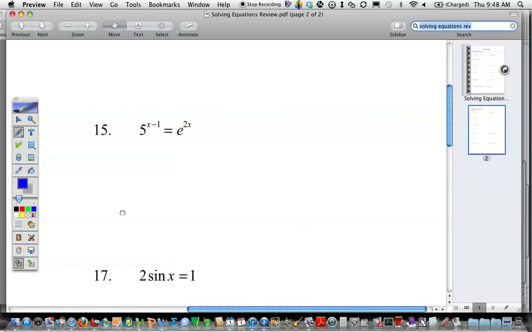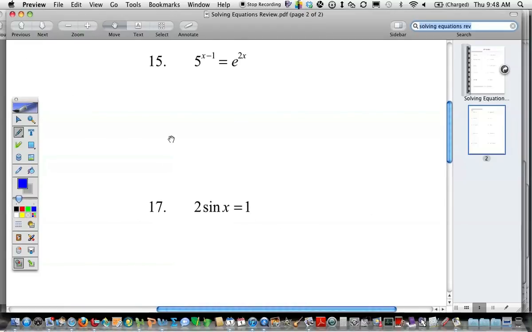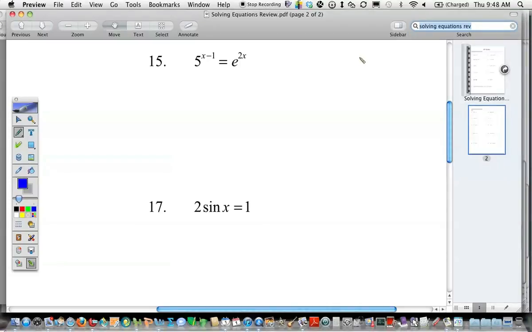Anytime we have exponents that have the x in them, and that includes when it's on both sides, I think the best option is to take the log of both sides. This is one of the reasons when we were doing problems back in Appendix E, the first week of class, we were solving problems like e to the 3x equals 8.